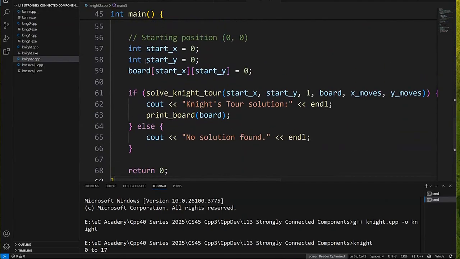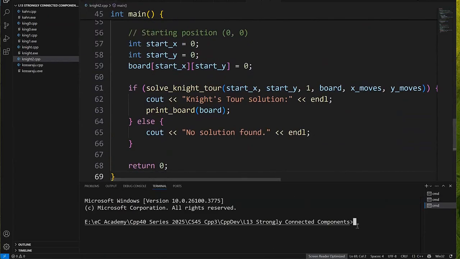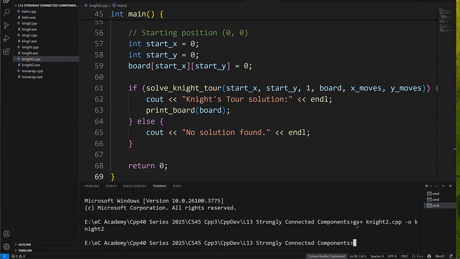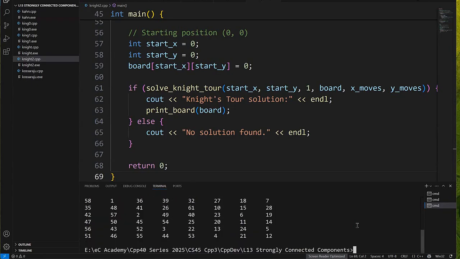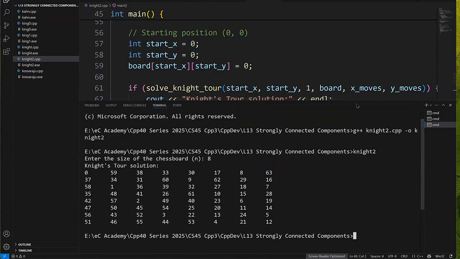Okay, so let's actually look at this one. So let's try 8. So this one is show you the step-by-step depth first searching.